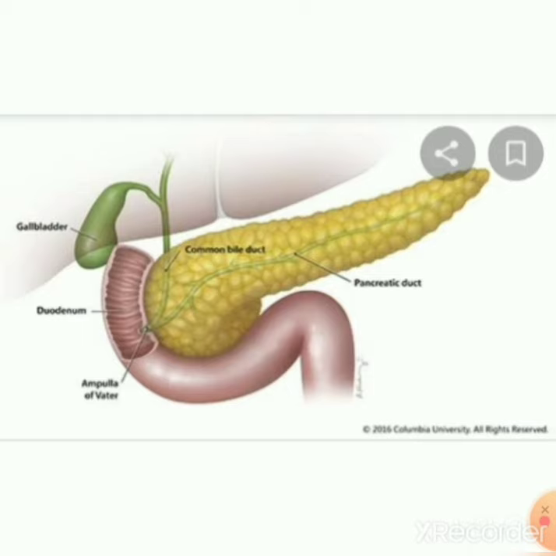It acts as an endocrine gland and an exocrine gland. The exocrine pancreas secretes enzymes that play a very important role in the digestion of carbohydrate, protein and fat. And the endocrine pancreas produces two important hormones, insulin and glucagon.